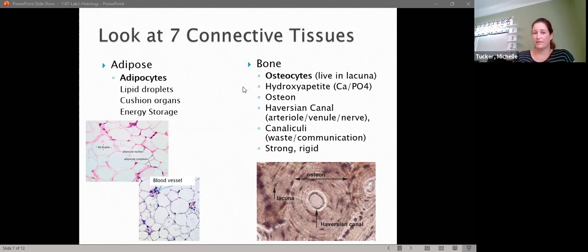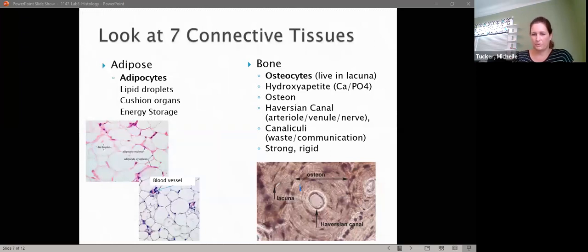For bone, the specialized cell type are osteocytes. And each one of these dark spots is called a lacuna. It's the home for an adipocyte, an osteocyte, sorry. So for each one of these, you would have an osteocyte in there.